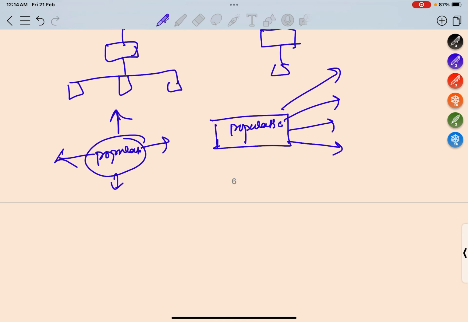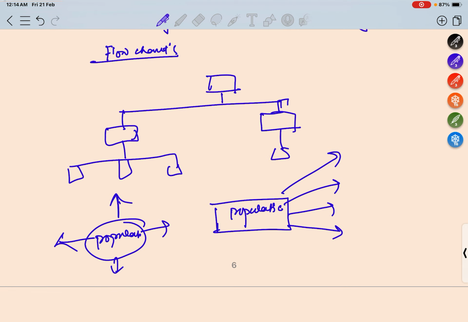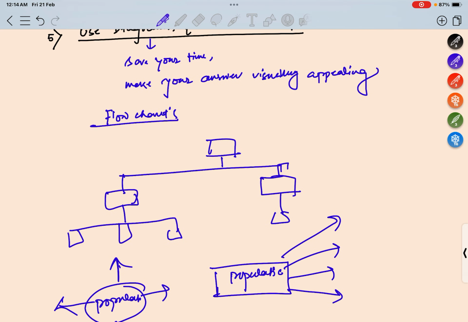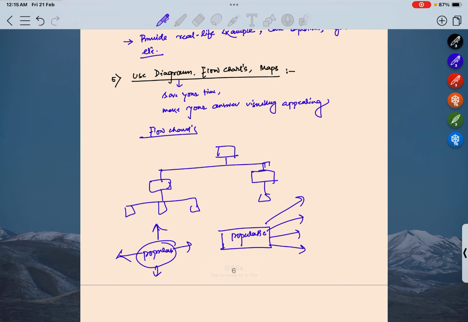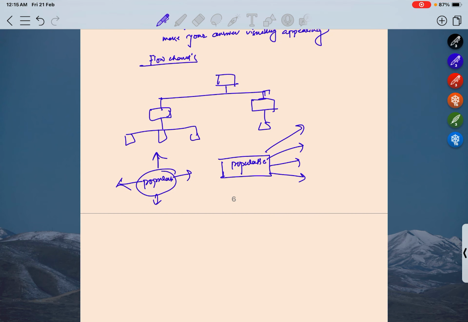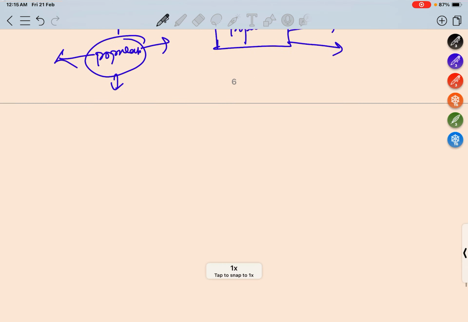There are many ways to make a flowchart, so you have to master it. Wherever you think it is suitable, use flowcharts. It will ultimately save your time and word limit, and it looks visually good.